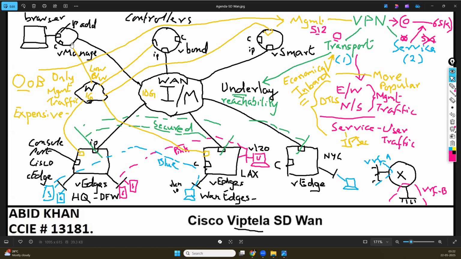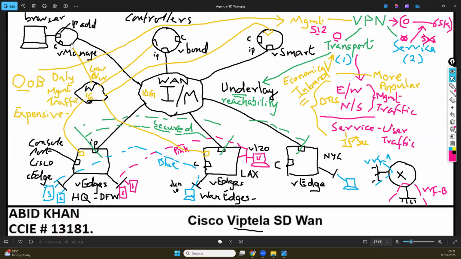Ultimately, these are servers. So servers might be behind some router, on a switch, on a single physical switch, or they might be in different locations also.